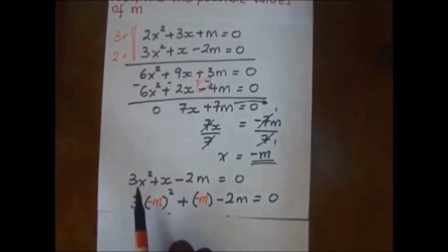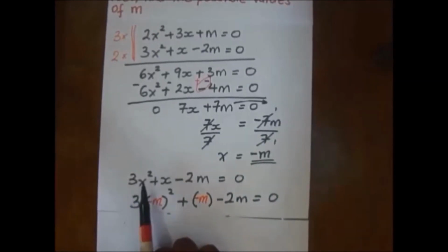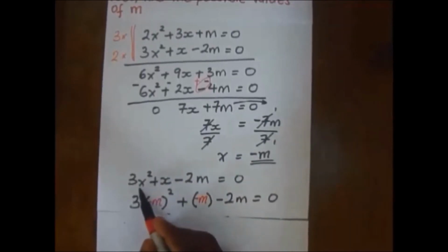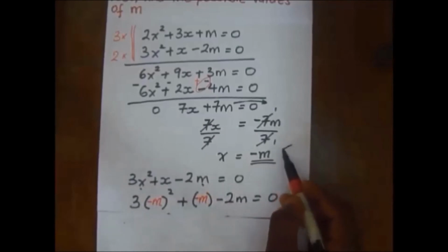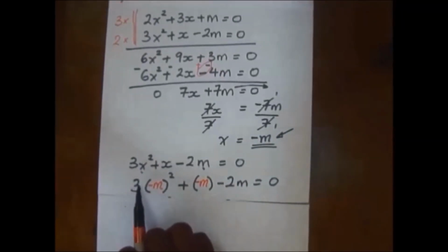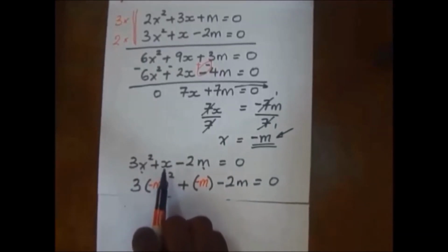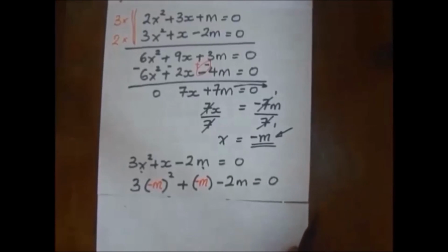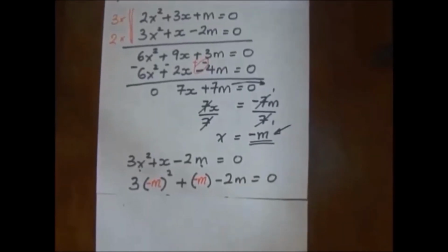So in this case, we get just the second equation, 3x squared plus x minus 2m is equal to 0. So where there is x, we substitute for negative m. And in this case, it is going to be 3 times negative m squared plus x, that is negative m, minus 2m is equal to 0. So we'll continue with our calculation.